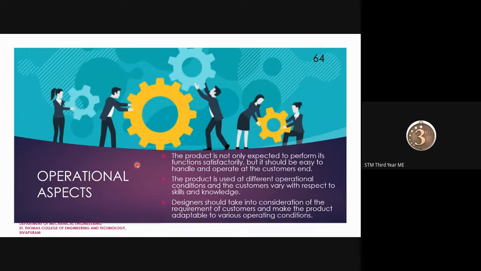So functions are stated, okay. After that, we are determining under what operations the product is used, maybe for a long period or span of time, or maybe in an environment that is hot, or maybe in an environment that is cold, or what happens when we drop that product from a certain height.